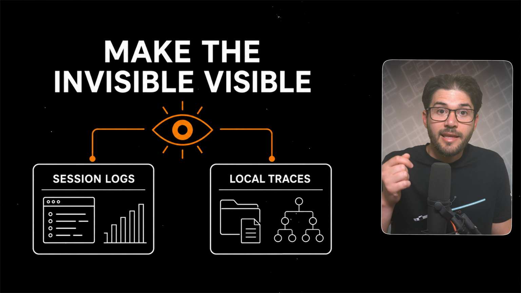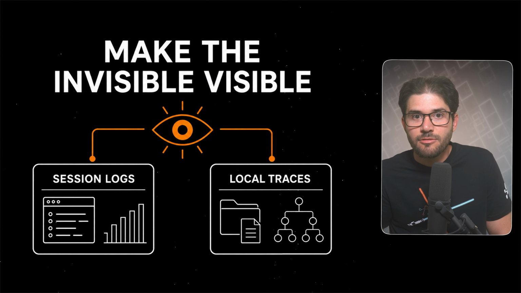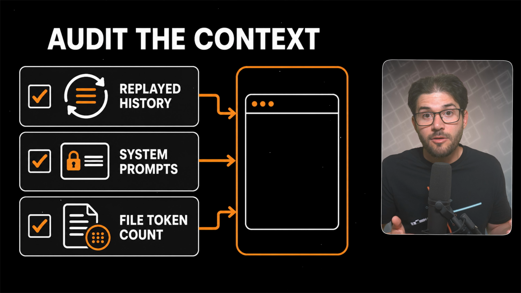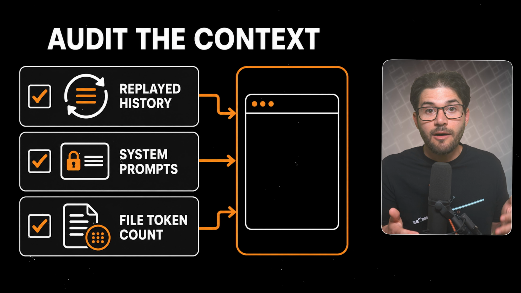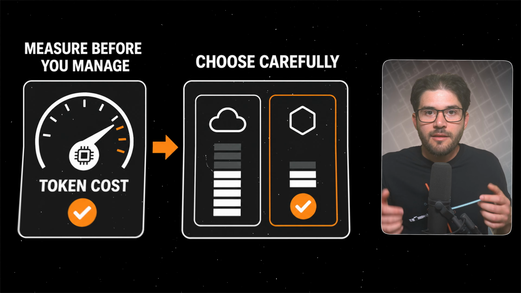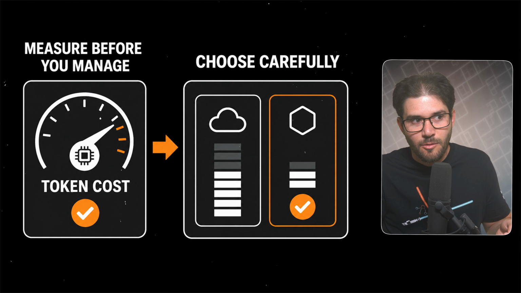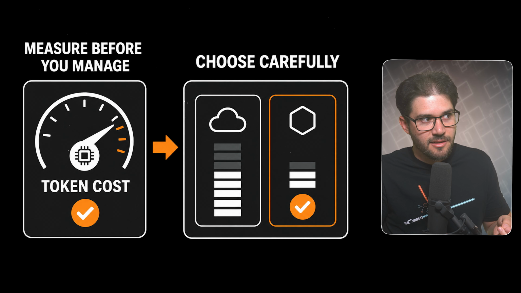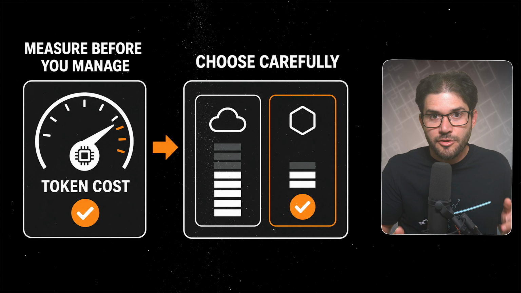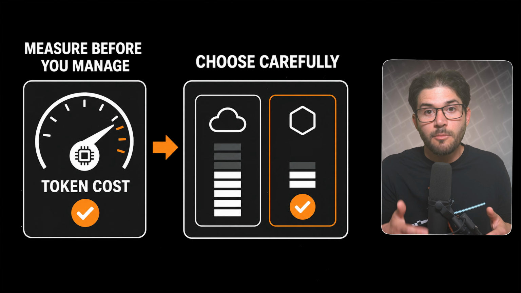You can dig into those files, try to spot the full conversation history being resent, identify the system prompts, and measure the token count of file contents being added to the context. You cannot manage what you don't measure. That's what they say. So the best thing we can do is to start measuring and to make sure that we choose the provider who respects the token cost as much as possible.